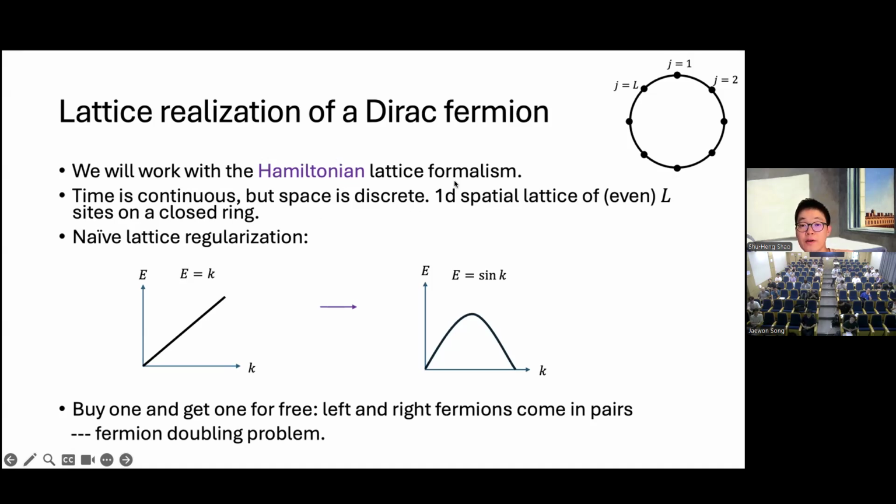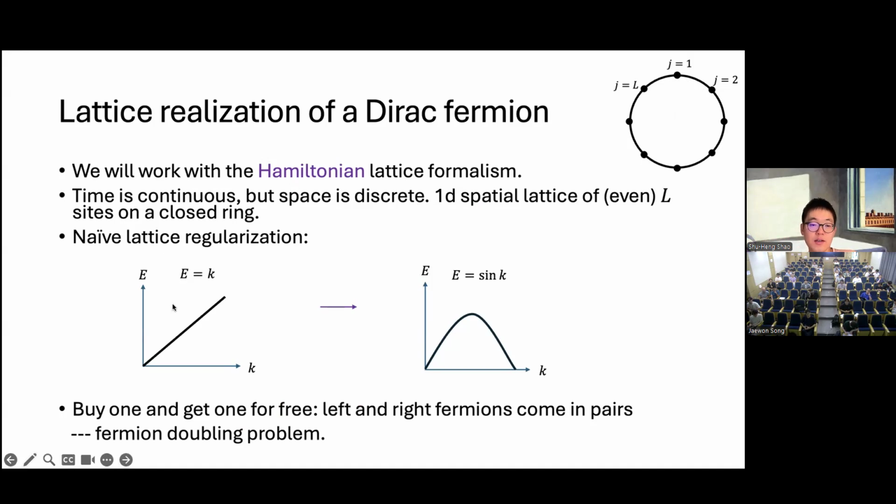In part one of the talk, the space is going to be a periodic circle. In part two, it will be a two-dimensional spatial lattice, typically taken to be a torus, and so on. So this is our space in part one. You have L sites, and on every site, there will be some local degrees of freedom. We will assume periodic boundary conditions. We also assume the number of lattice sites to be even for simplicity.